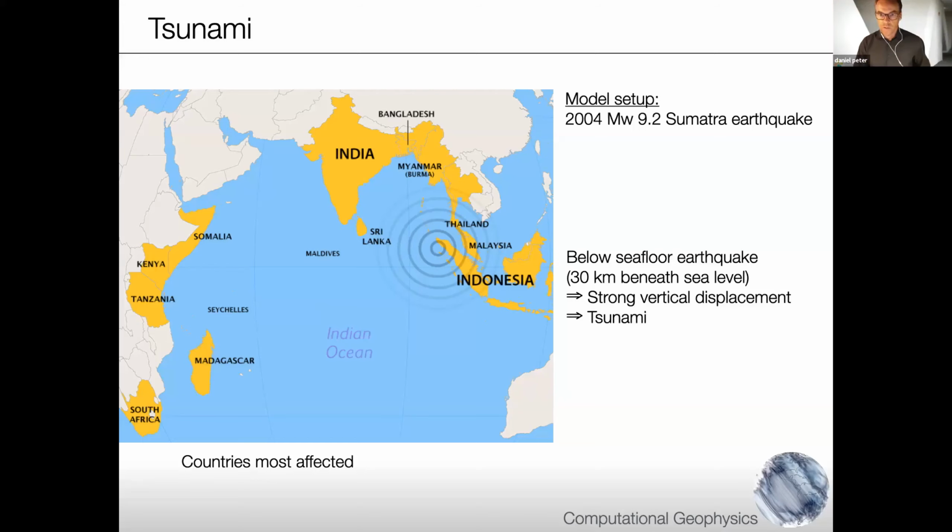So again, the point source is already implemented. Basically, it just distributes a point source onto a few grid points. And then we have Dirichlet boundary conditions, where we just set the displacement or the wave height to 0 at the boundaries.